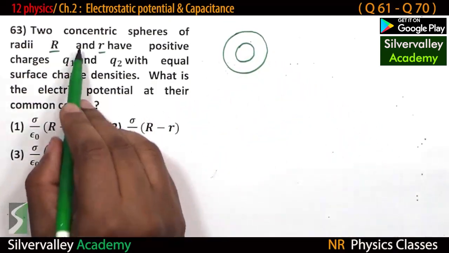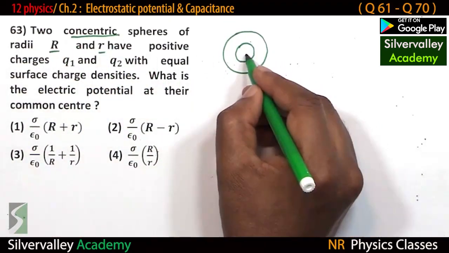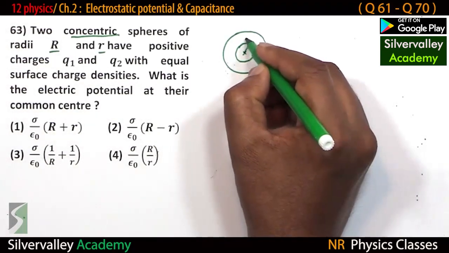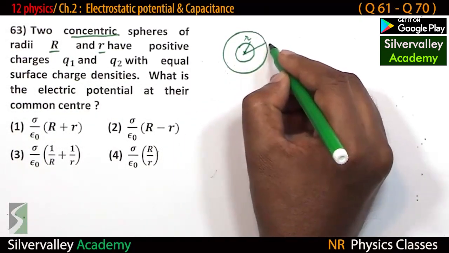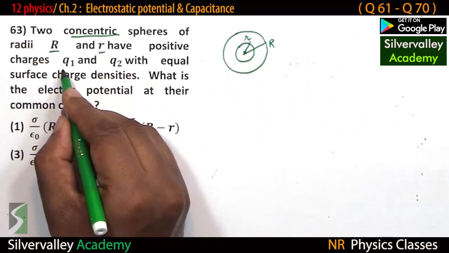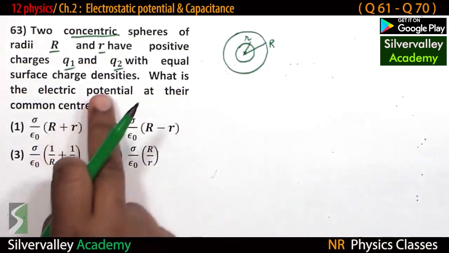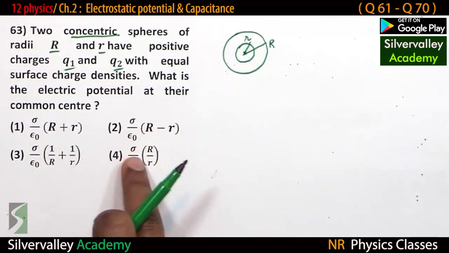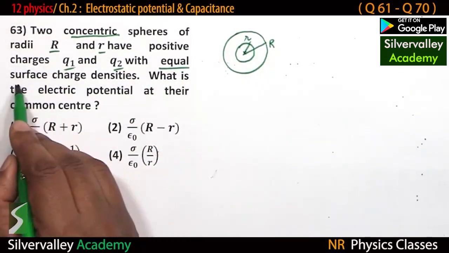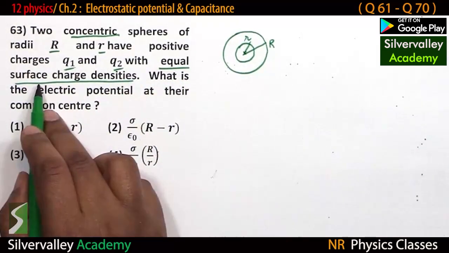It is given concentric shells, so common center. Radius of smaller is r, radius of bigger is capital R. Q1, Q2 are the charges, but they are not there in the options. It is also mentioned that they have equal surface charge densities.